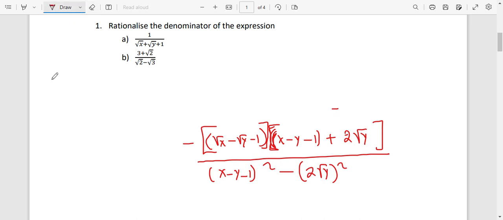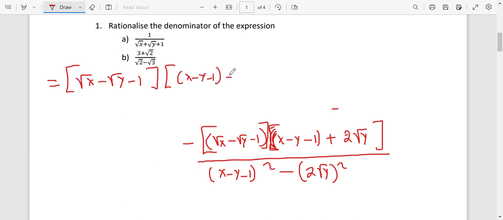Okay, so this is going to give us (square root of x minus square root of y minus 1) multiplied by (x minus y minus 1 plus 2 square root of y), and then in the denominator, if you want to expand what is in the denominator, the x minus y minus 1, expand it.